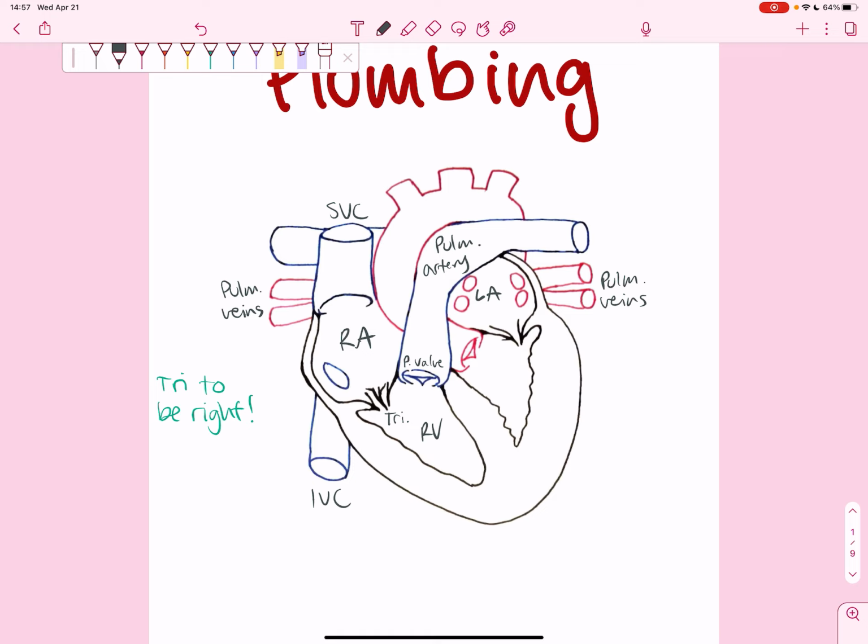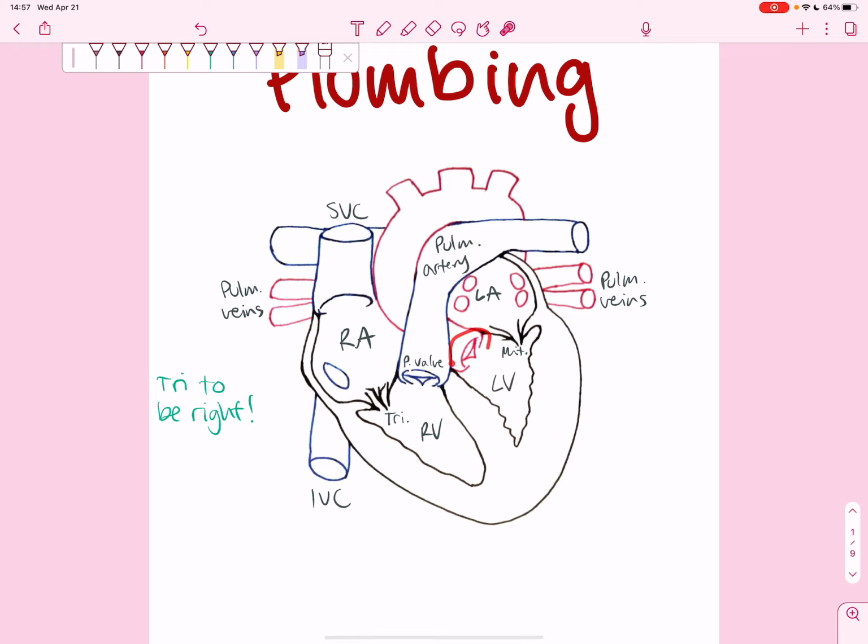And okay, so this valve right here, I'm certain that a lot of your books will synonymously call it the bicuspid valve and the mitral valve, but I'll tell you right now, in the real world, no one says bicuspid valve. It's the mitral valve. So I'm just going to say mitral, okay? Then this is the left ventricle.